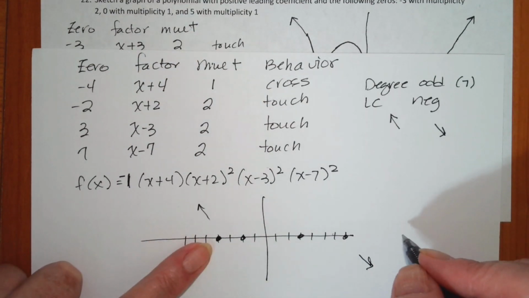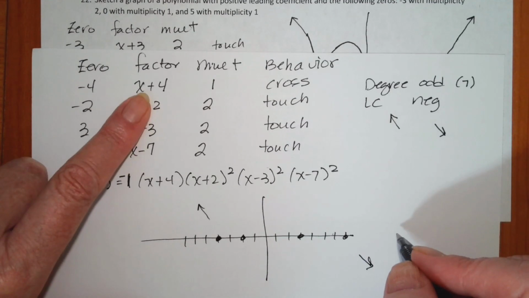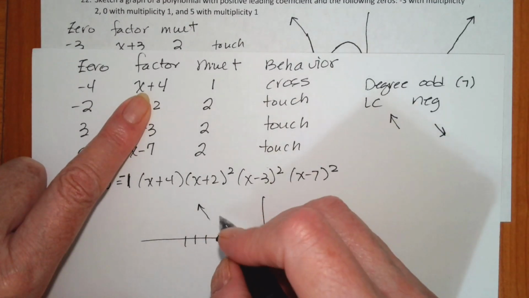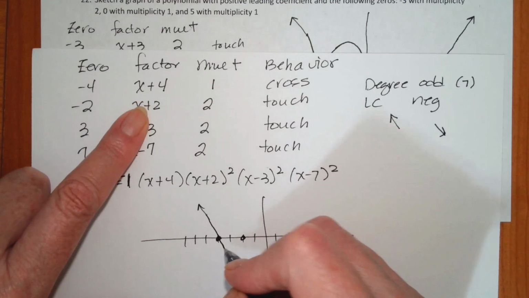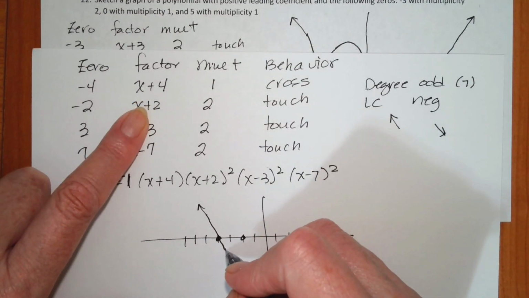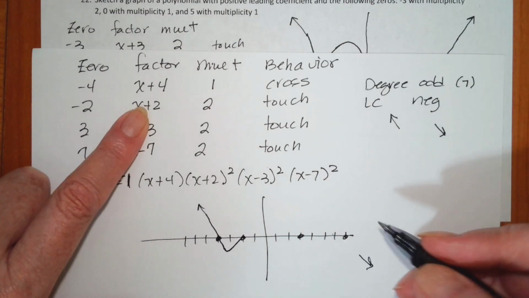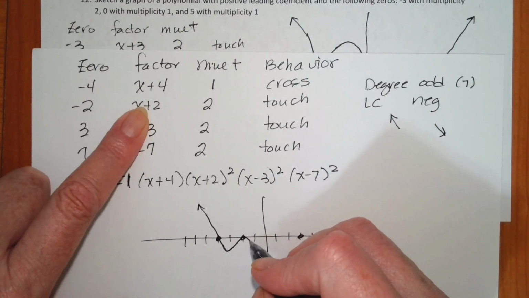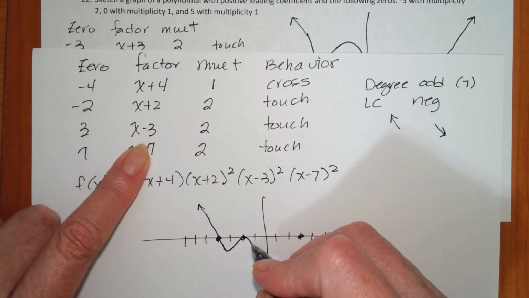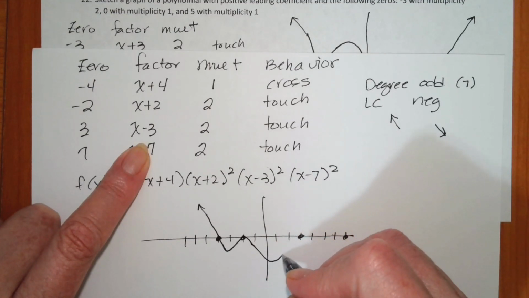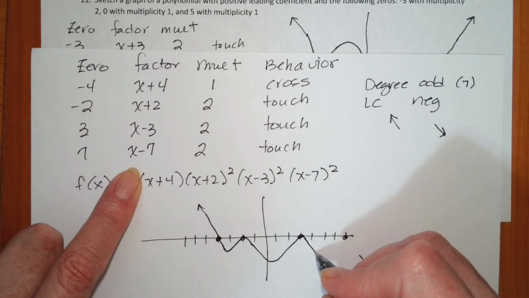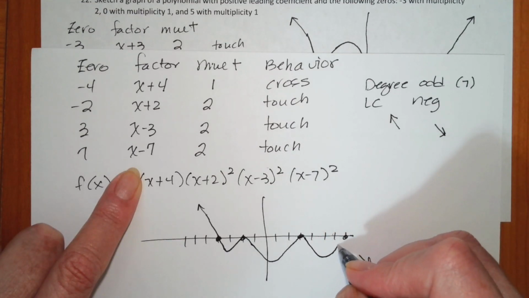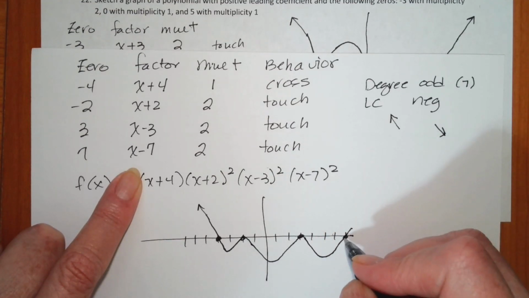So I just have to figure out what happens. So at -4, it crosses. Then at -2, it has to turn around and go back up and touch it. Then at 3, it touches. And then at 7, it crosses.